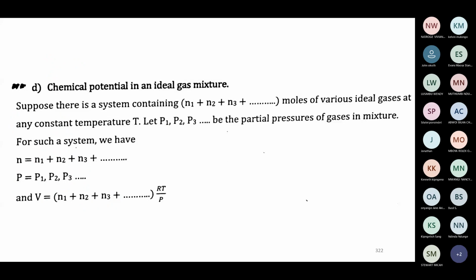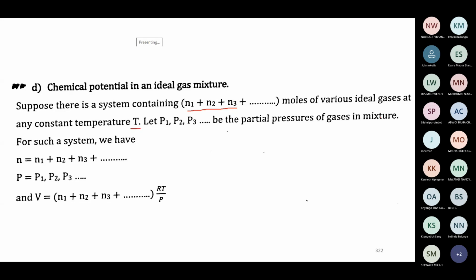So for an ideal mixture, suppose there is a system that contains N1 plus N2 plus N3 and so on, moles of various ideal gases at any constant temperature T. You can let P1, P2, and P3 and so on be the partial pressures of gases in the mixture.